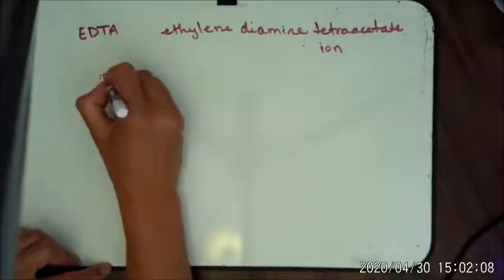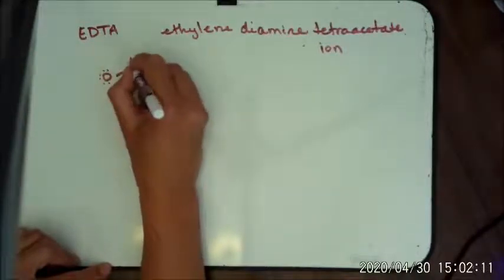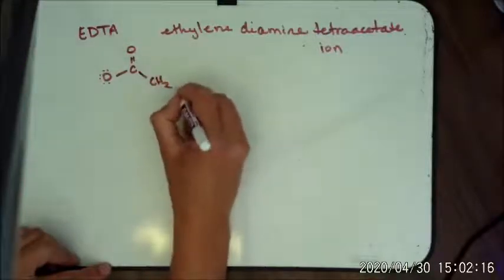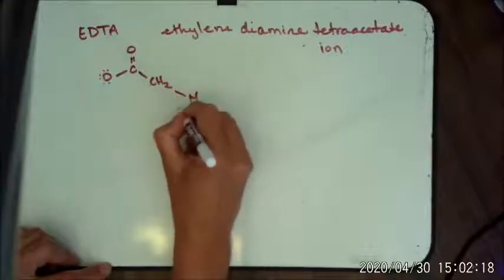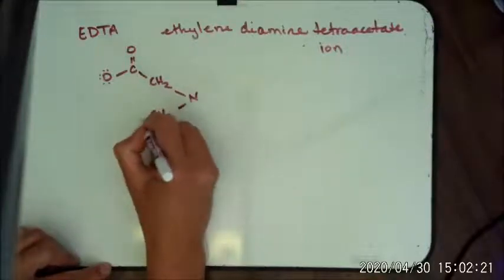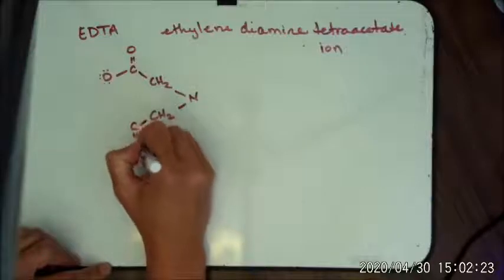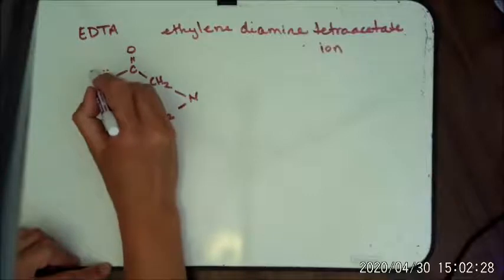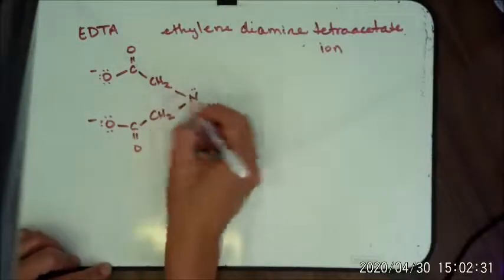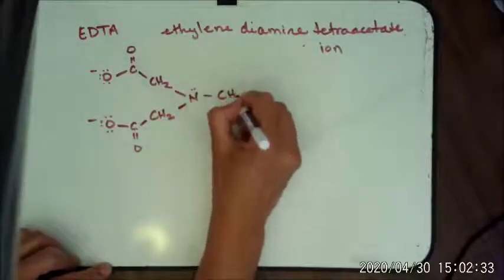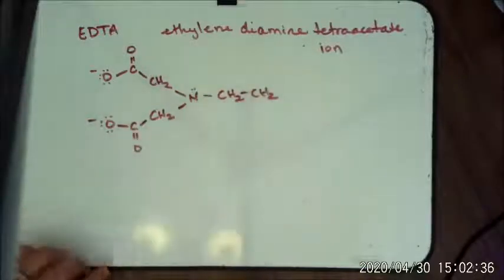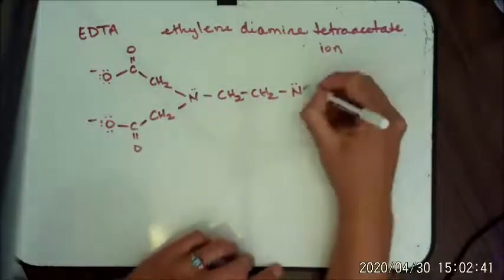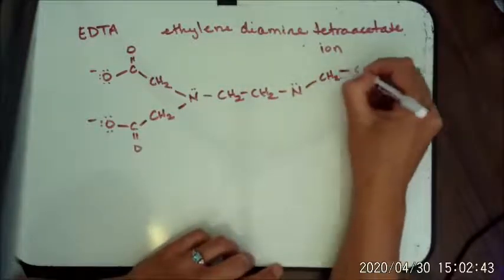So here's 1. Here's 2. Okay. That's my third one. I have my 2 carbons in between. I have my 4th donor ligand.